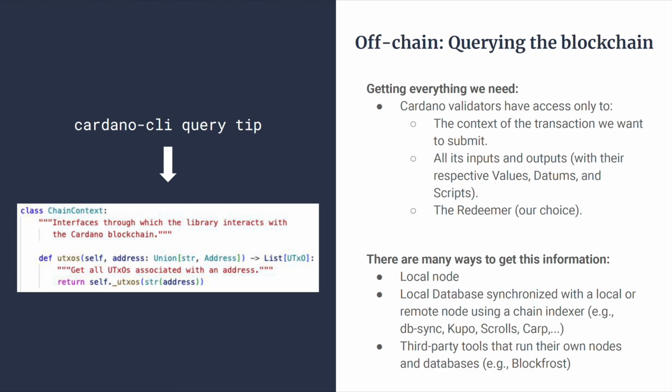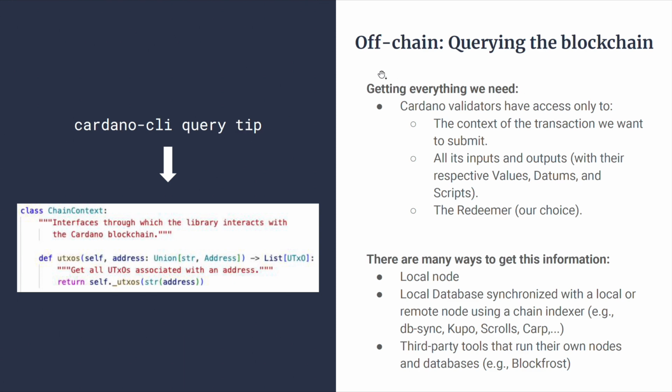So we first need to query this information from the blockchain. So if you're familiar with the Cardano CLI, this would correspond to the Cardano CLI query commands. So query tip would just give you the current block that is the tip of the chain, but you can also query for UTXOs and so on.